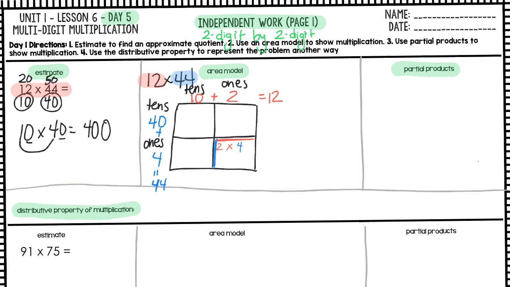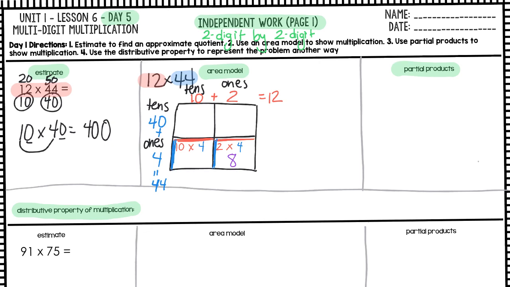2 times 4 is 8. Then we have this space, which is representing 10. So we're going to write 10 there, times this space, which is representing 4.